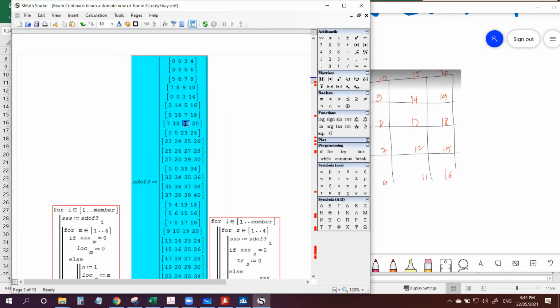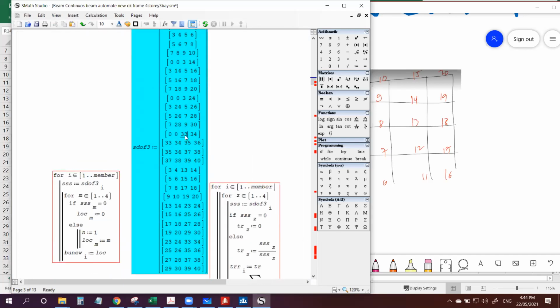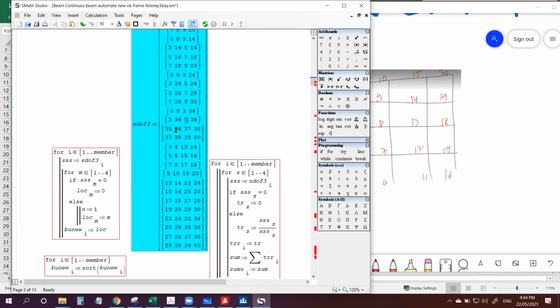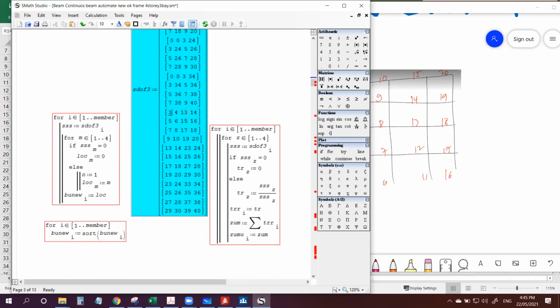Seven, 9, 3, 3 and 5, 5 and 7, 7, 9. 5, 7, 7, and 9. Then the rest, these are all the girders.